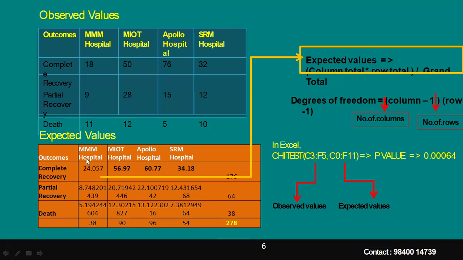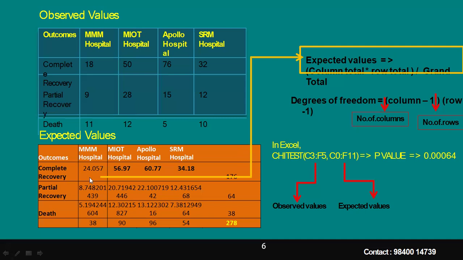Okay. And here, if you add all the values, your column total into this row total, divided by 270, you will get this value. And again, this column total into row total divided by 270, you'll get this one. So you have actual values, and you need to derive the expected values.